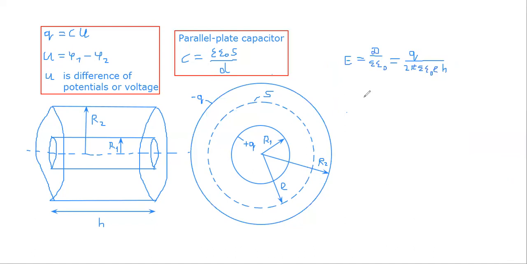Potential difference of potentials, voltage, is equal to the integral from R1 to R2 of E dl, and it is equal to a similar integral without vectors because the electrostatic field is a potential field.